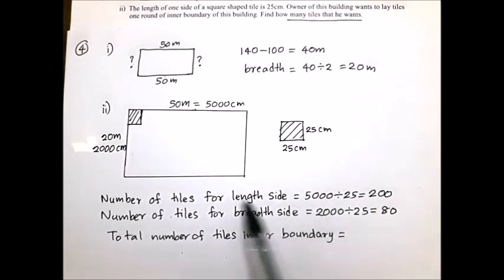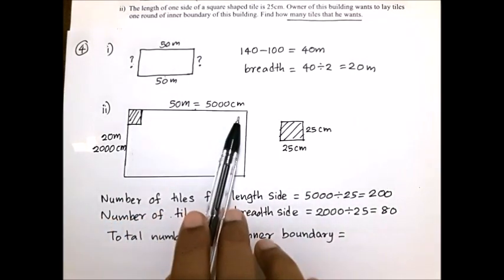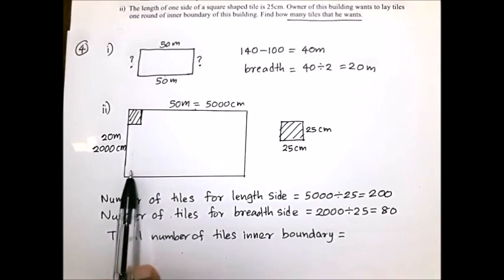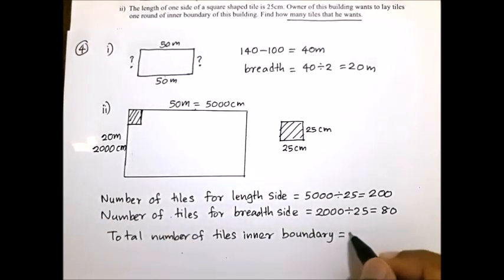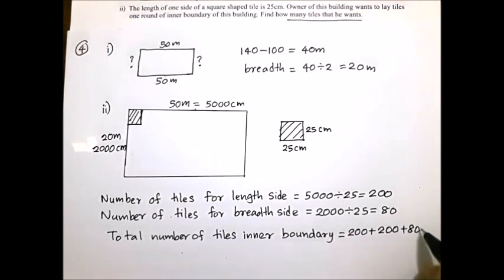Total number of tiles in the inner boundary: here 200, 80 and here 200 and again 80. Add 200, 200, 80 and 80. Total number of tiles is 560. This is the answer for the second one.